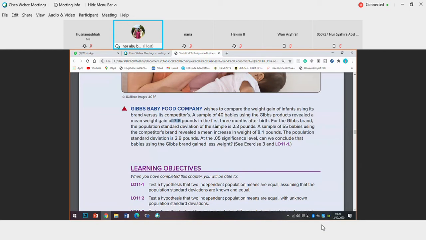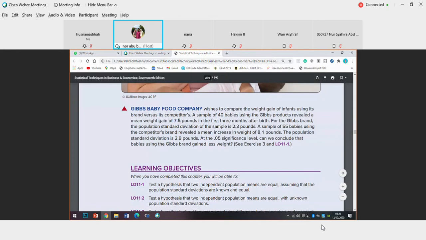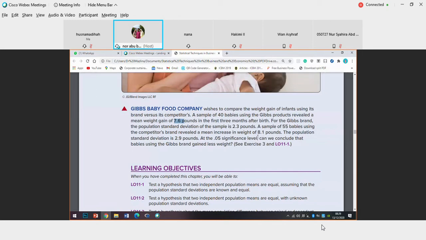But, okay, siapa boleh komen? Dua ni awak boleh compare macam tu je ke? Tak boleh, kenapa? Bilangan baby tu beza 15. Ya, 40 dengan 55. Okey, 40 dengan 55 betul?